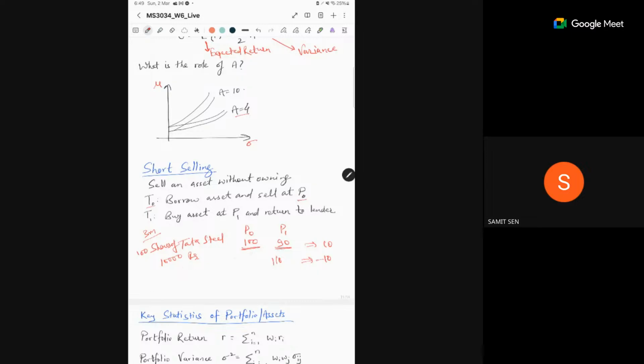You got this amount, and you are paying this much after 3 months, so essentially you are making 1,000 rupees as profit. But in the second case, if the price has gone up to 110, in that case you would make a loss, and your loss would be minus 1,000 rupees.